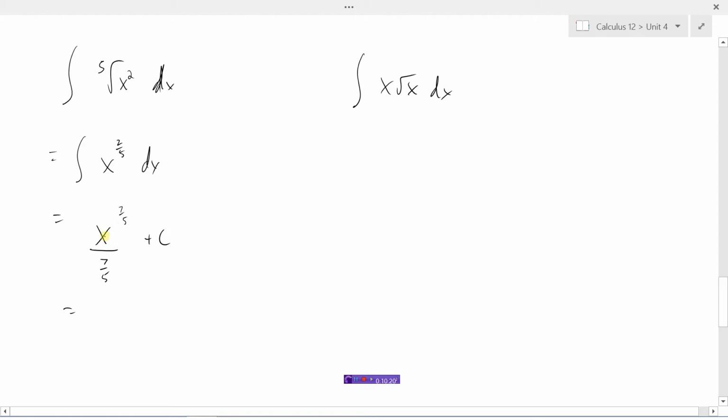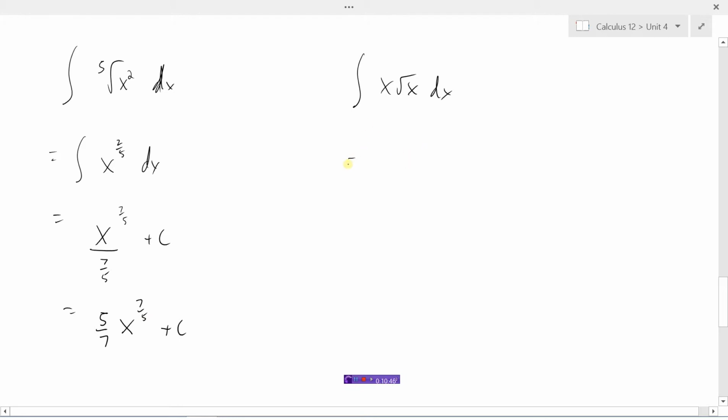And x to the 7/5 divided by a fraction is the same thing as multiplying by the reciprocal. So I'd have 5/7 x to the power of 7/5 plus c. And putting this down in front to check our answer, that would cancel that out entirely. X to the power of 2/5 when we subtract 1, which is what we've got.